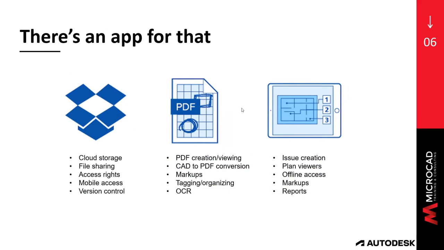So across all these three technologies, we are going to be able to use them just in one place. So we are going to be able to do cloud storage, file sharing, giving access rights to our users, right? We can as well have version control of our files.